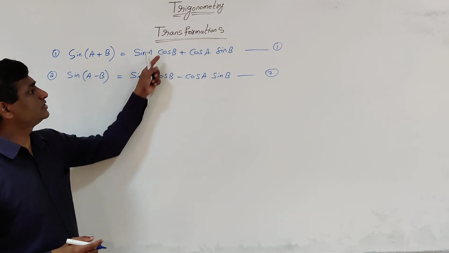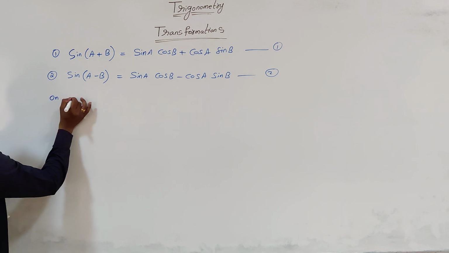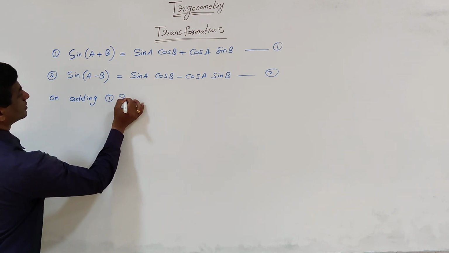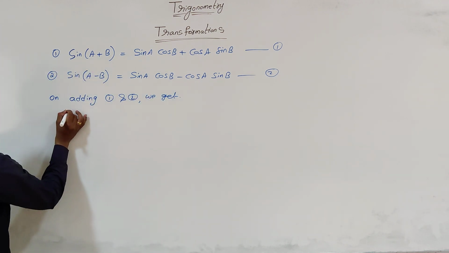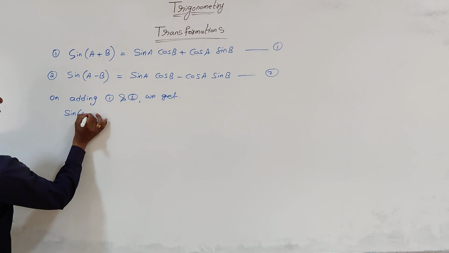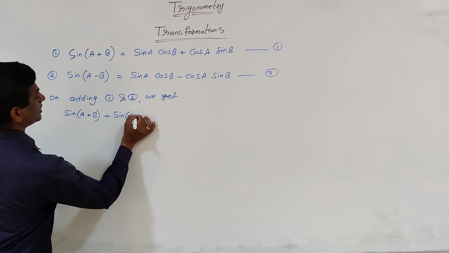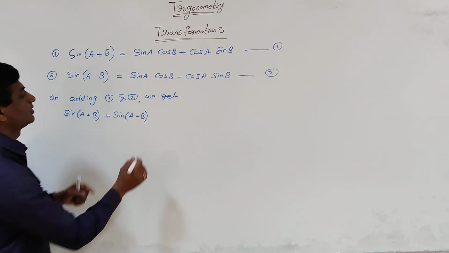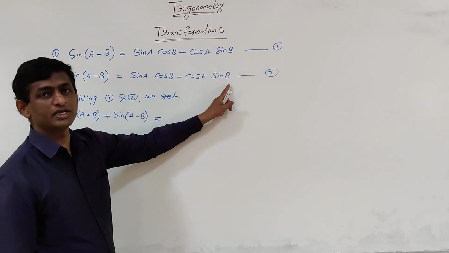If we add these two equations, on adding 1 and 2, we get sin of a plus b plus sin of a minus b. On the LHS, these two terms will be added, and on the RHS, cos a sin b minus cos a sin b get cancelled.